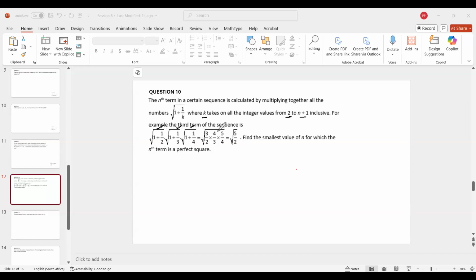And that simplifies, but watch, when you're simplifying, these 3's cancel and these 4's cancel. And so that's how you get the square root of 5 over 2. Now this is when you're talking about the third term. But suppose now the third is not given.